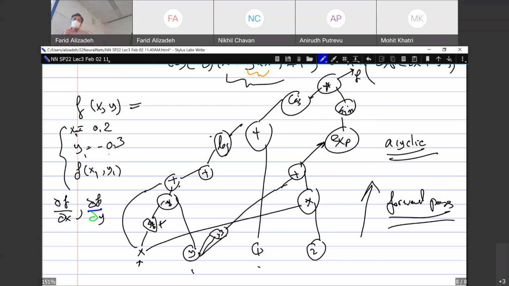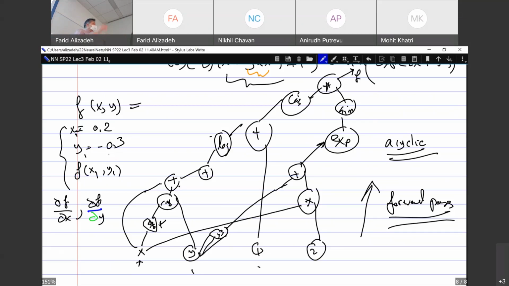We also know that because this graph is essentially visualizing composition, apply this function, then apply that function, all the way to the end. It's made of a bunch of compositions. And for composition, we need the chain rule. So our tool is the chain rule.